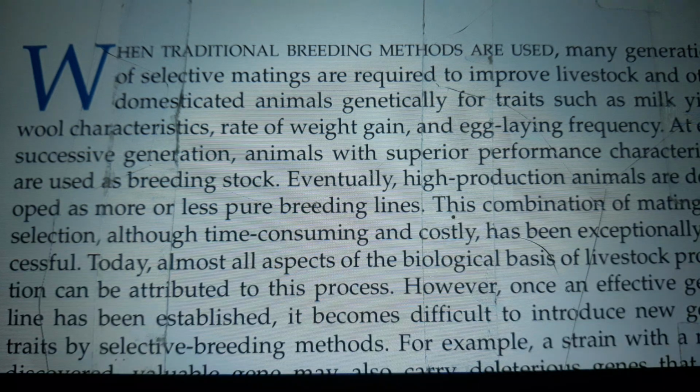When traditional breeding methods are used, many generations of selective matings are required to improve livestock and other domesticated animals genetically for traits such as milk yield, wool characteristics, rate of weight gain, and egg-laying frequency. At each successive generation, animals with superior performance characteristics are used as breeding stock.